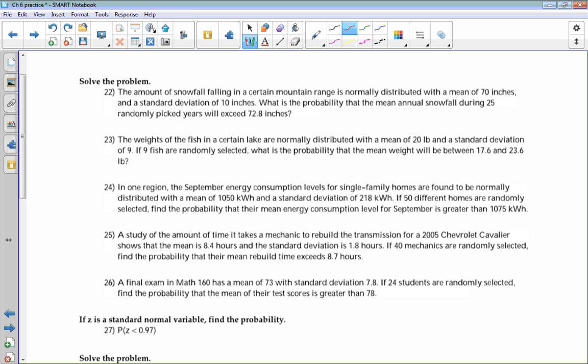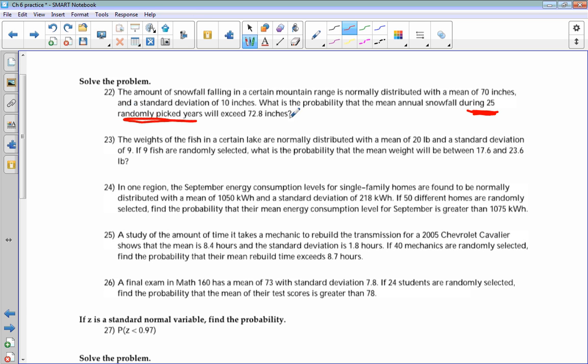So because I'm picking 25, I'm picking more than one. I have to use the central limit theorem, which says that I'm going to change my standard deviation for my calculations.